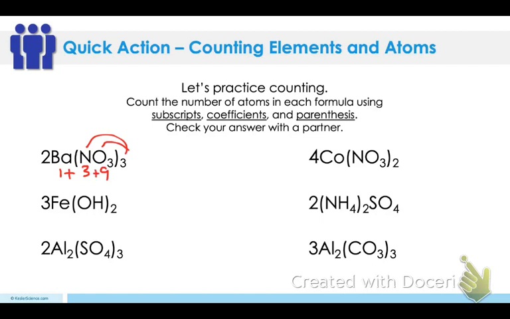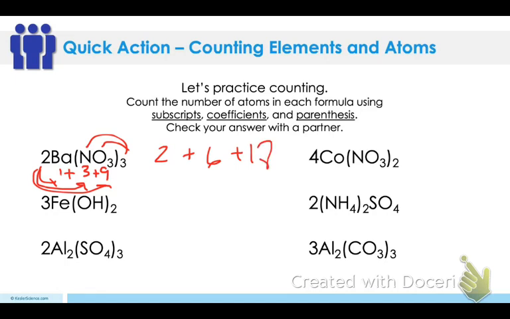Okay, now, again, this is where you can do it either way. I can add them all together and then multiply by 2, or I can distribute that 2 to all of them. I'm going to just distribute that 2. So 2 times 1, 2. 2 times 3, 6. 2 times 9, 18.